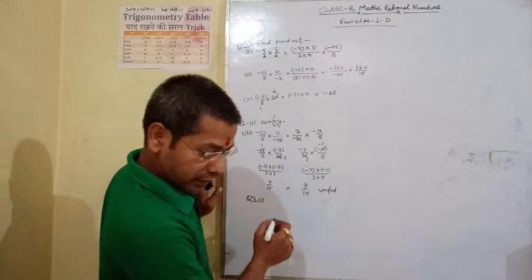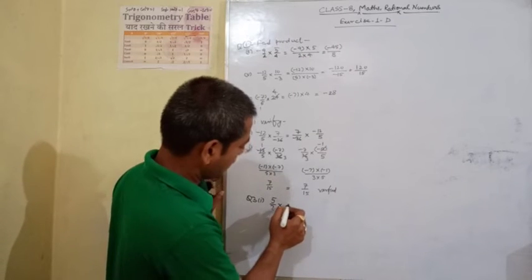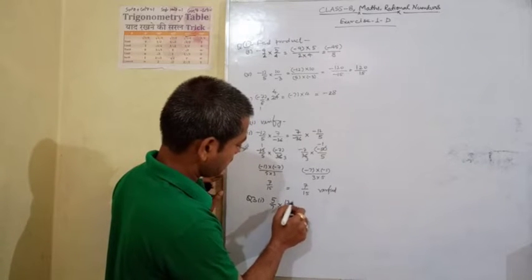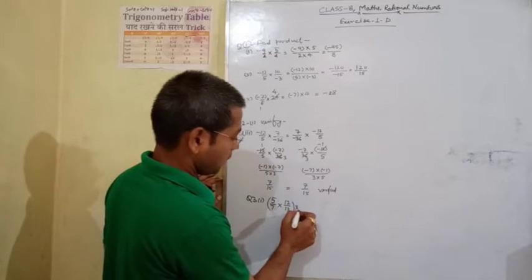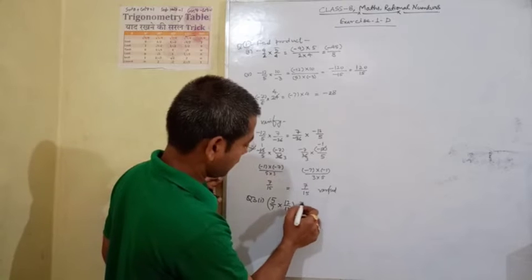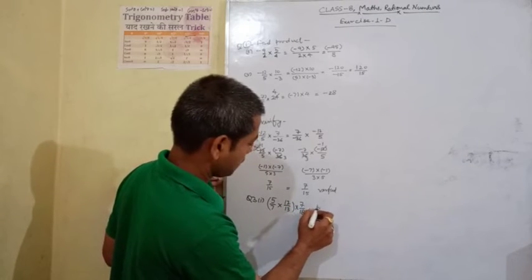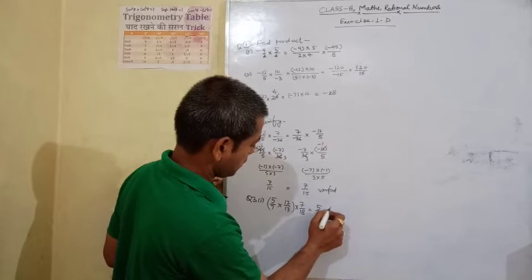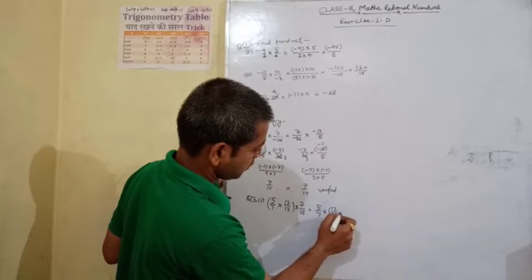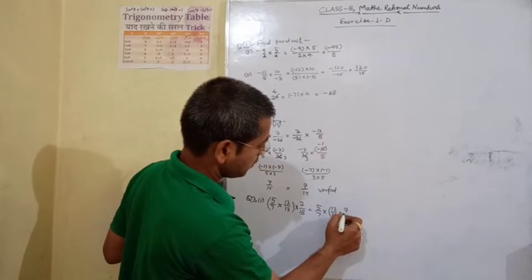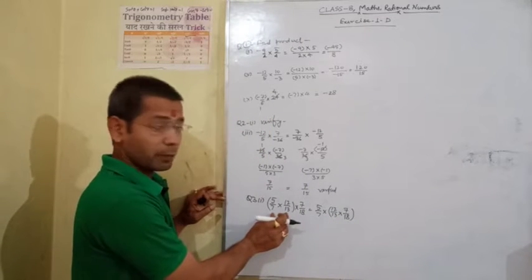The third is 5 upon 7 multiplied by 12 upon 13 in one bracket, then afterward multiplied by 7 upon 18. We will first multiply the bracket.